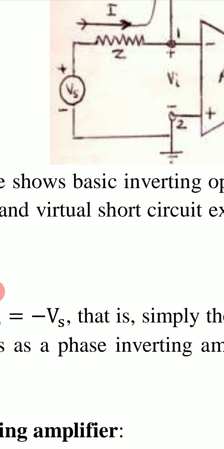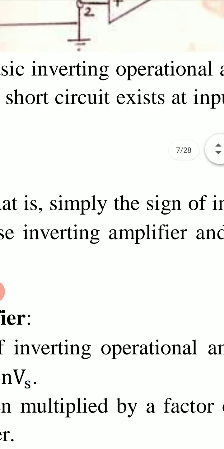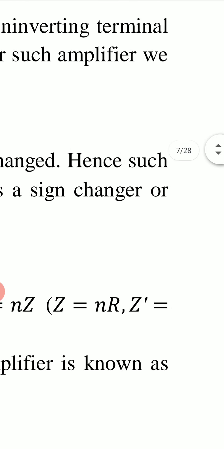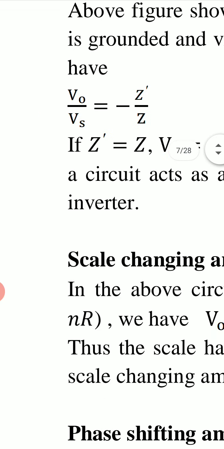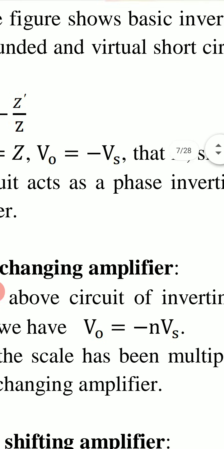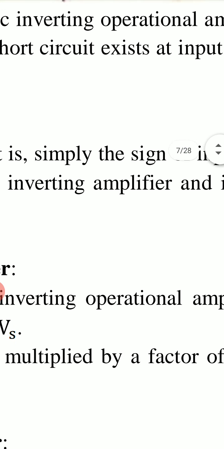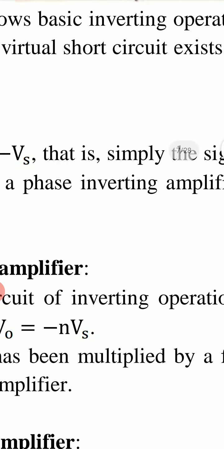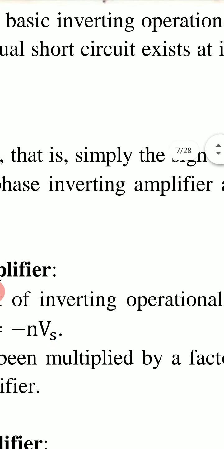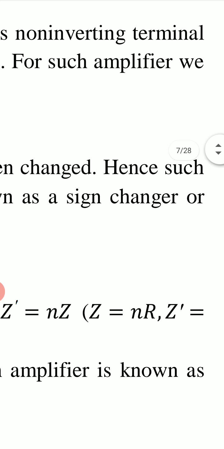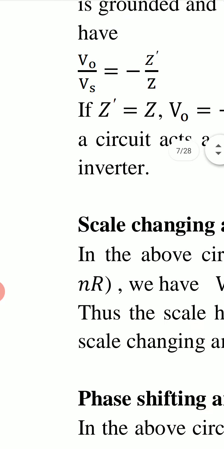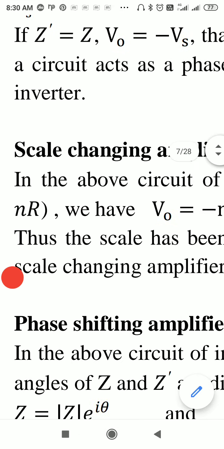So only sign is changed. Hence, such a circuit acts as a phase inverting amplifier, an amplifier which inverts the phase of input signal, and it is known as a sign changer or inverter.